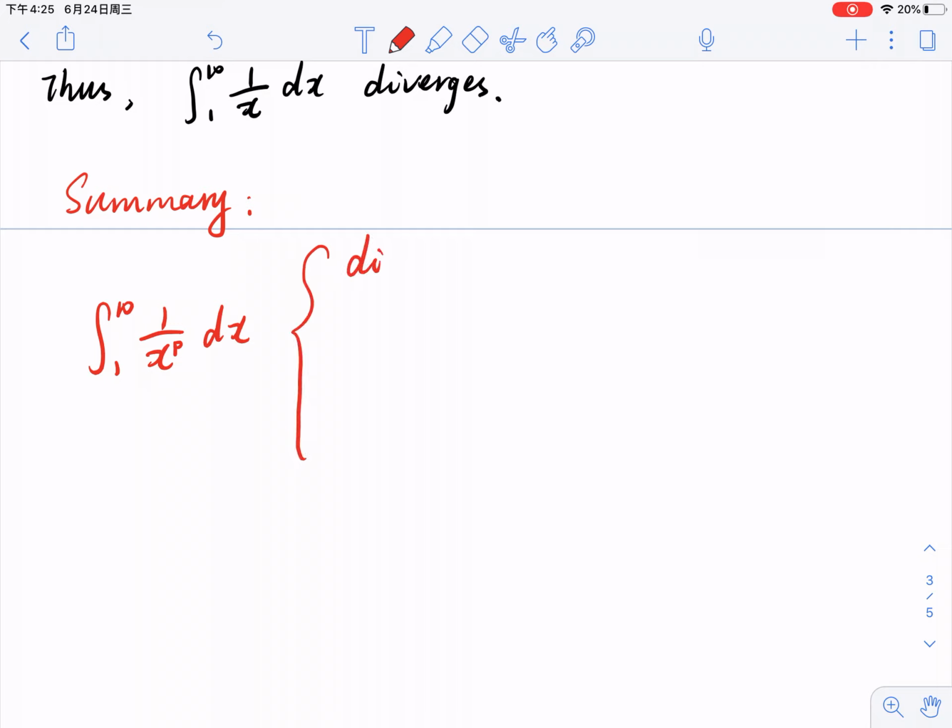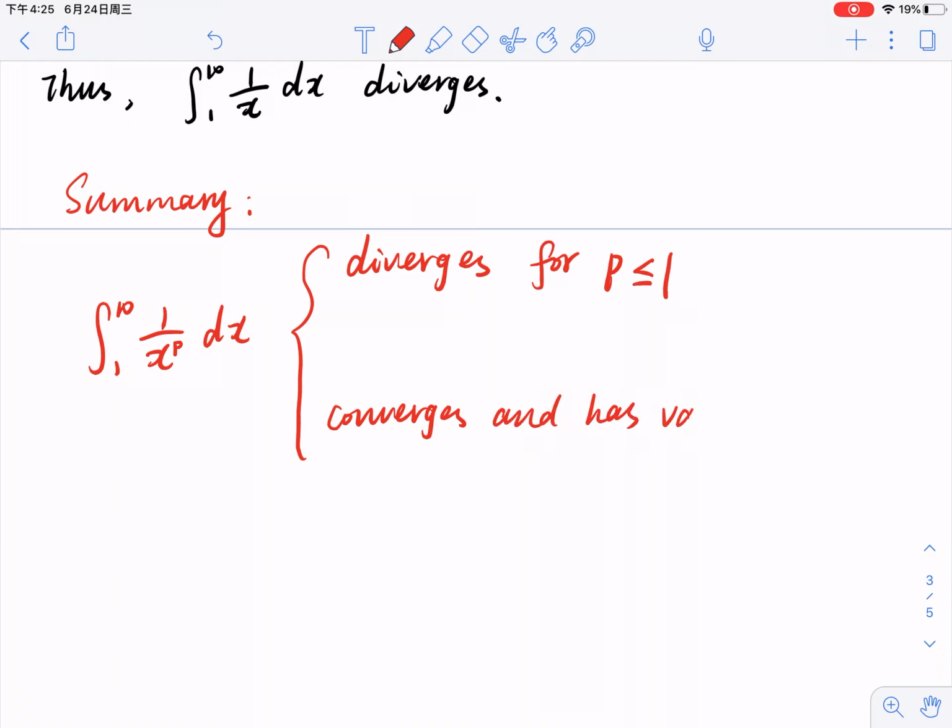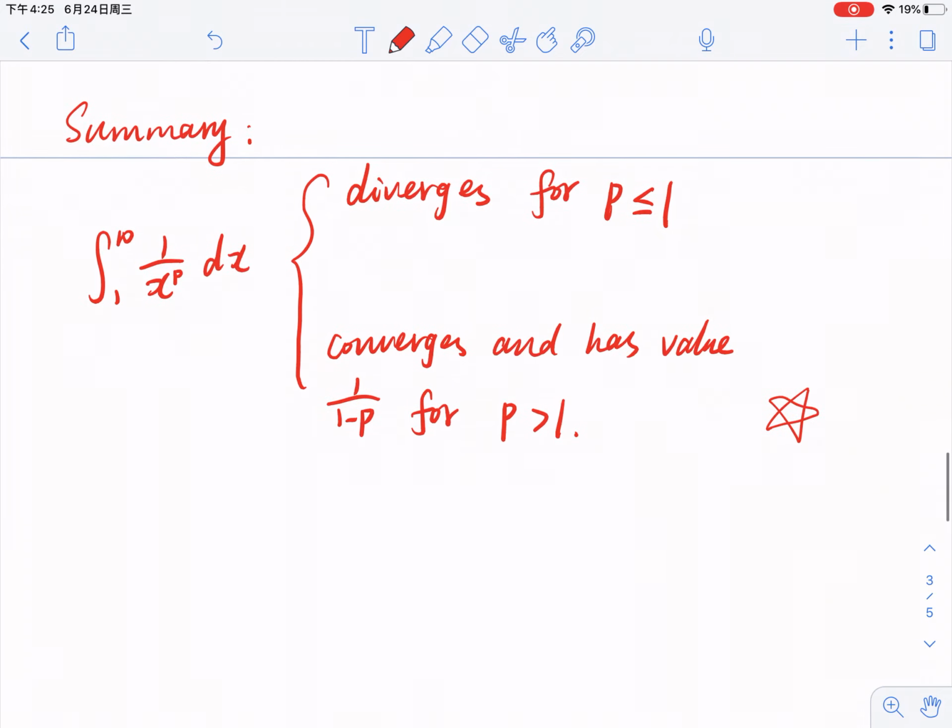This integral diverges for p less than or equal to 1, and converges and has value 1 over p minus 1 for p greater than 1. This example is important. So this is all about this video.